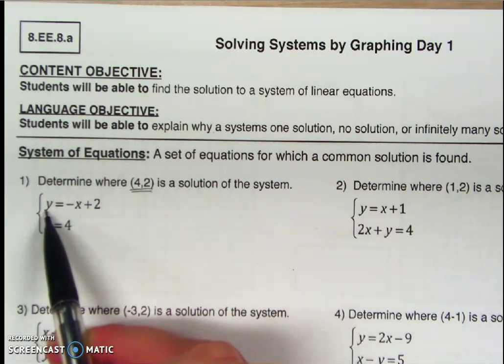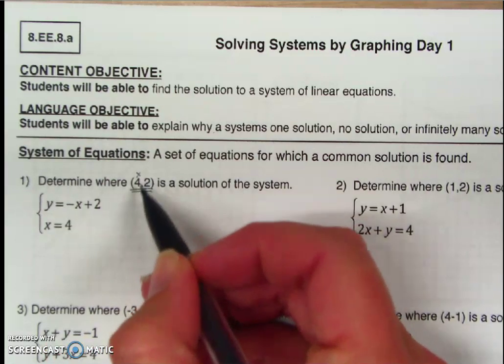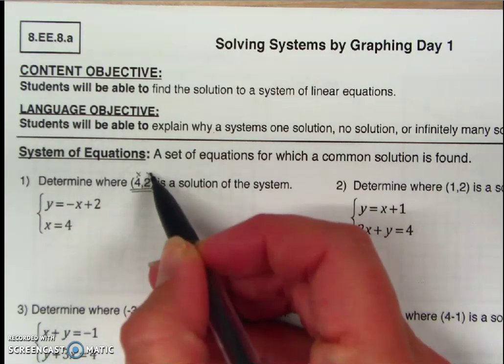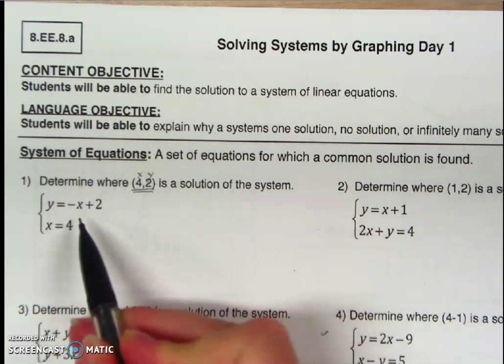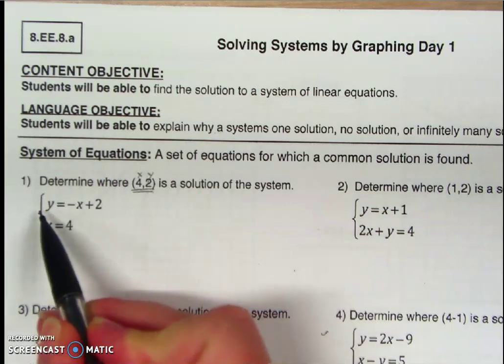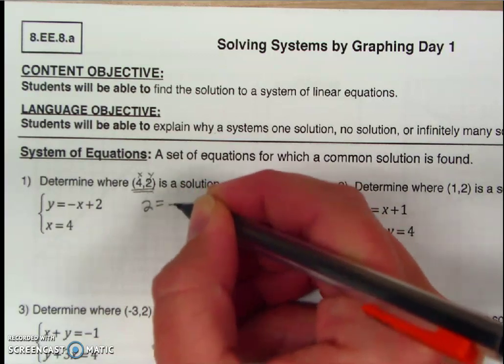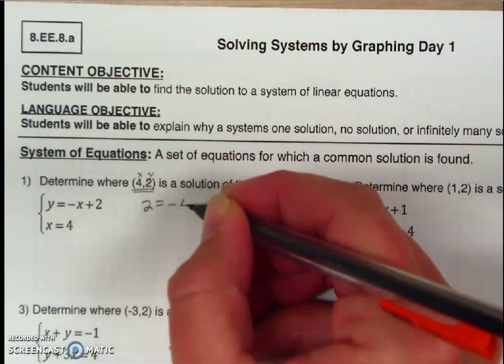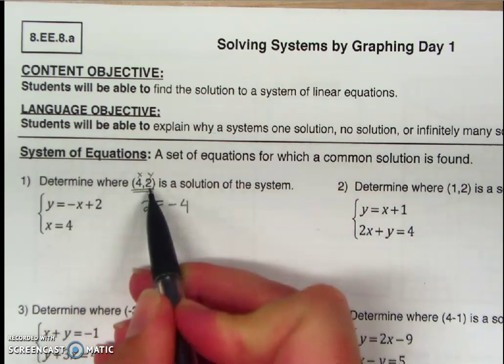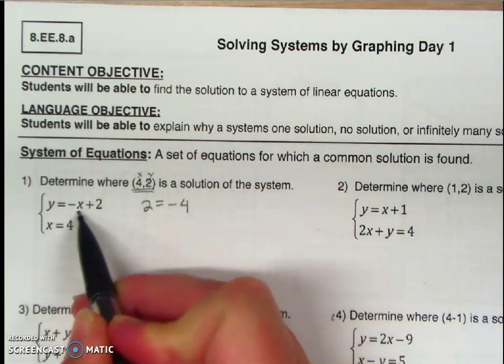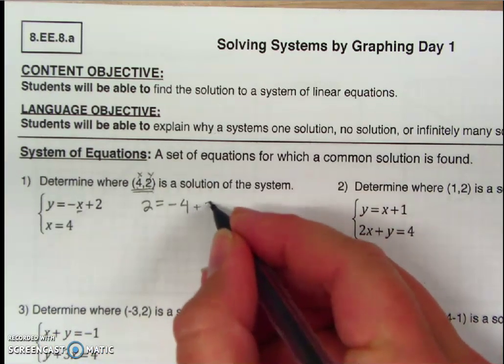And so for the first equation, I'm going to plug in 4 for x and 2 for y because I have both variables. And so this equation would become 2 equals -4 because I'm plugging in 2 for y and 4 for x plus 2.